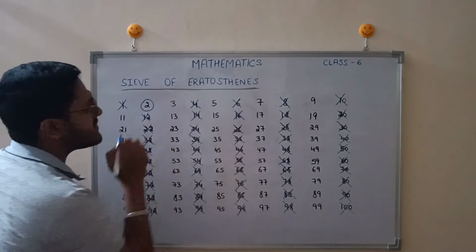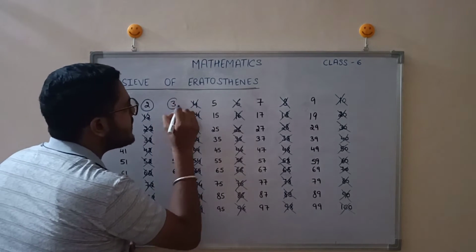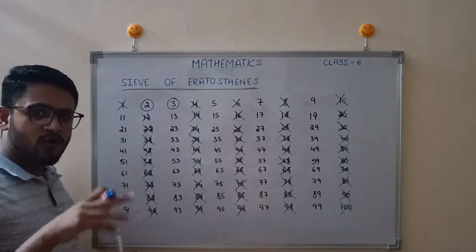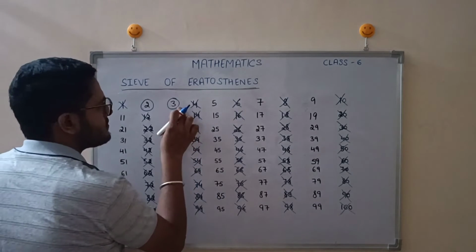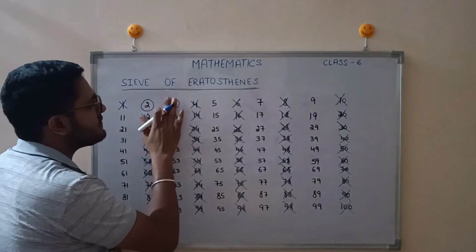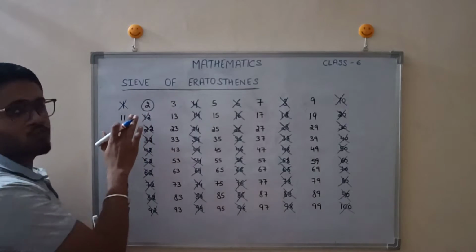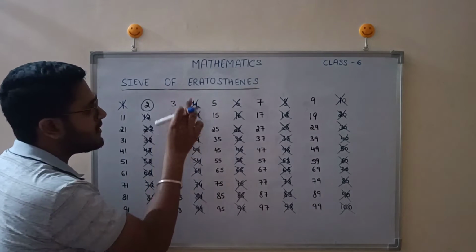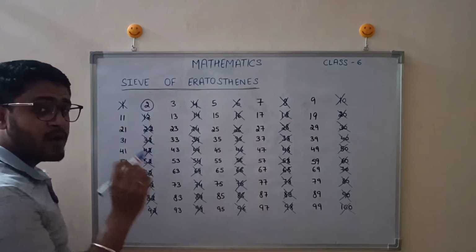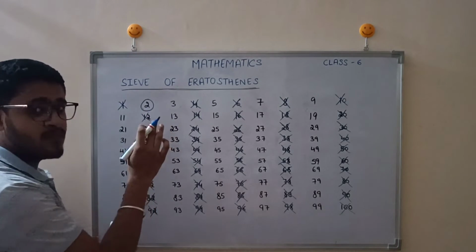So the next uncrossed number is 3. Let's circle it and then cross out all the multiples of that number, right? After 2, the next unmarked number is 3, right?